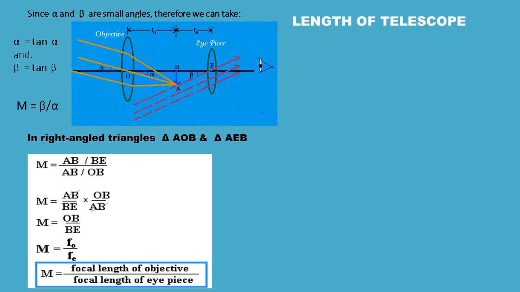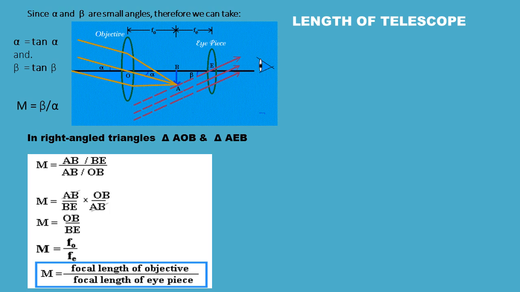Now if you consider the first triangle AOB, according to the angle alpha, tangent alpha is equal to perpendicular upon base, so according to the diagram it becomes AB upon OB.